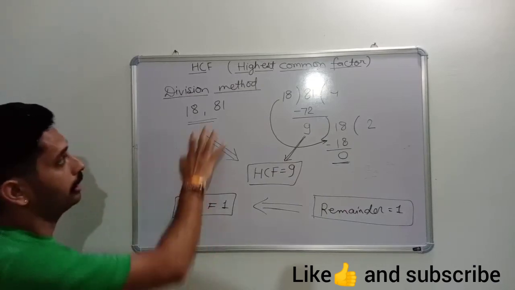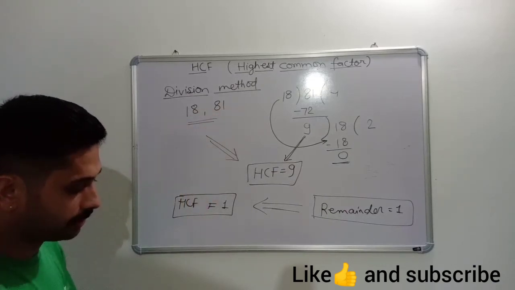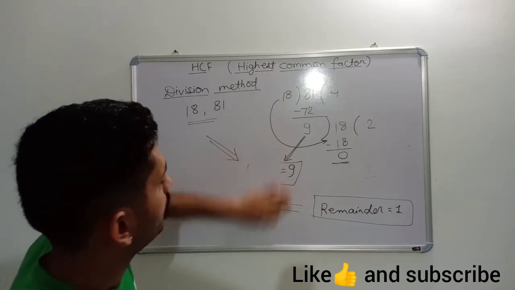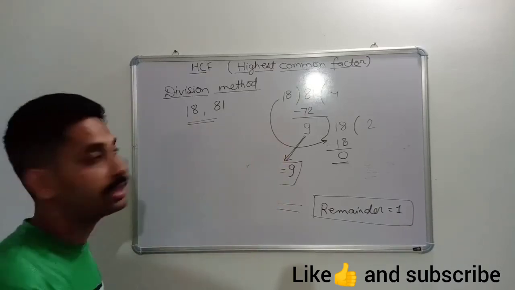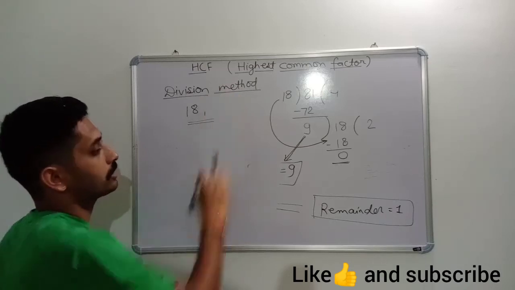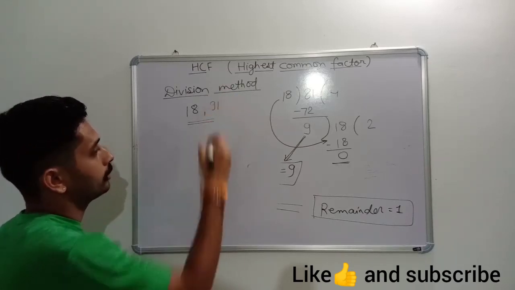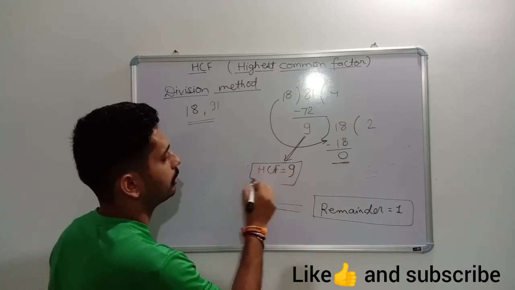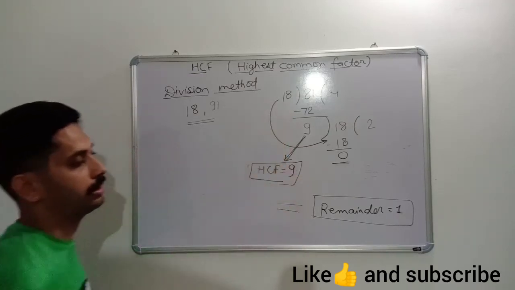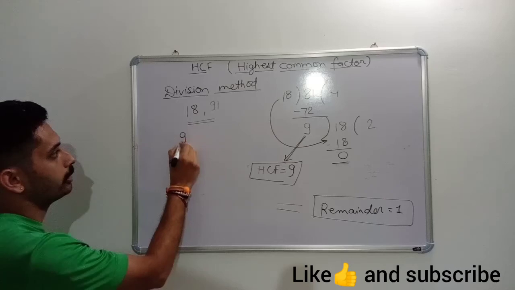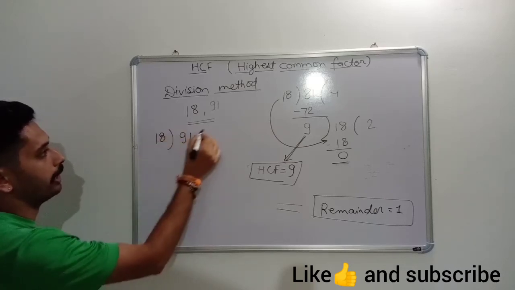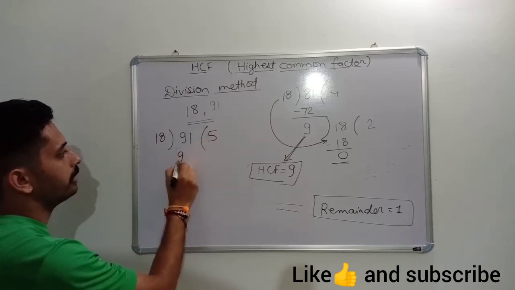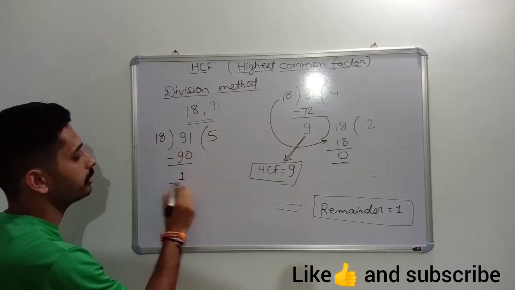Okay, see here, in place of 81, suppose the number is 91. Okay, I am changing here. In the previous case the remainder was 9 and the HCF was 9. Now see here, 91 divided by 18. So 18 5s are 90. Remainder is 1.